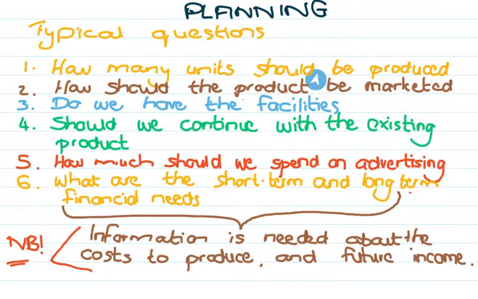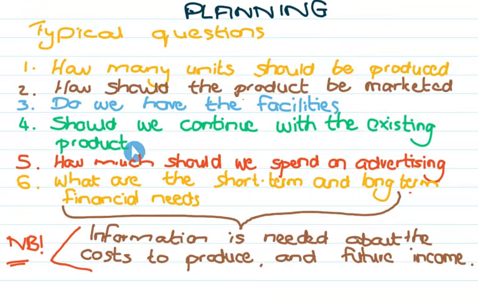We must know our market. All right, how should the product be marketed? You will have to market or advertise this product. How will you do that? Then, do we have the facilities? If you want to sell something, you must have a storeroom. If you want to manufacture something, you must have a factory maybe.